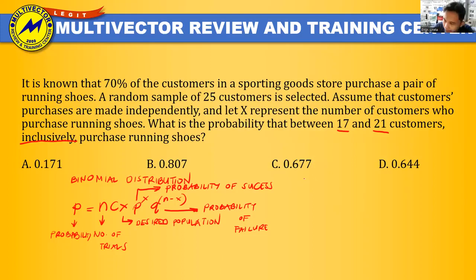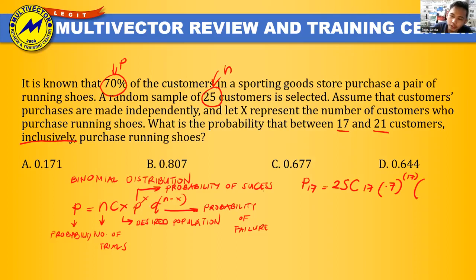So probability that exactly 17 will purchase is just equal to the number of customers which is 25. Ito yung n natin. Combination 25C17. Probability ng success, 70 percent natin. Ito yung p natin, is 0.7 raised to x. Ang x ko ay 17.